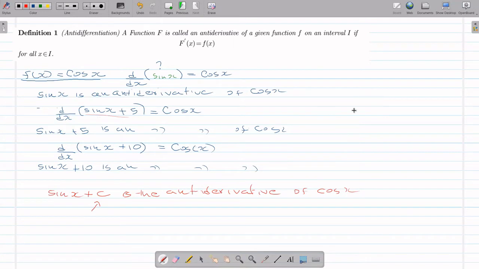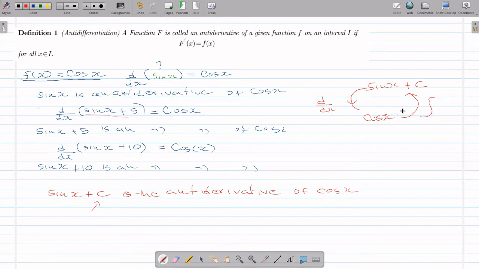So if I draw this in a picture, if I differentiate sin x plus c, I get cos x. But if I go the other way, integration, we use this sign actually.